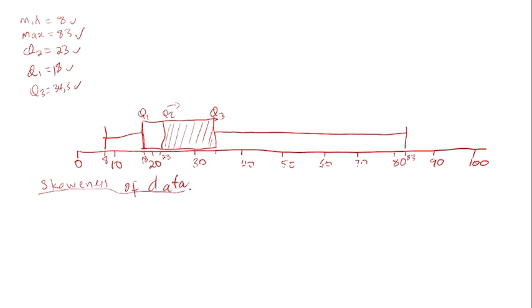So when you say the skewness of the data here, we'll say this is positively skewed, or we can say skewed to the right. So that will be the skewness of the data, or distribution of the data.